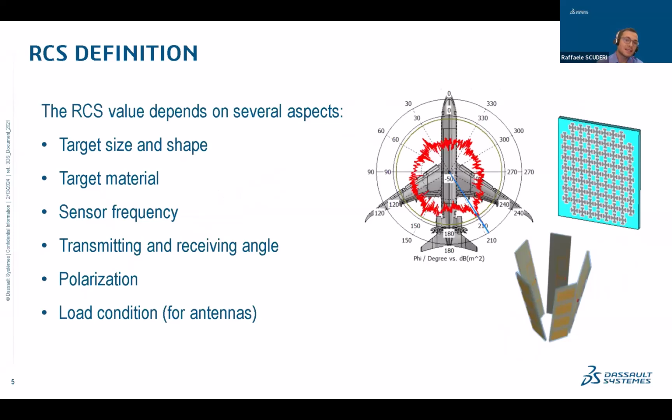And as I said, even if RCS appears in the radar equation like a little letter sigma, it depends on several aspects, like target size and shape, material, frequency of your radio frequency sensor, transmitting and receiving angle, the polarization of your device, and also the load conditions for antennas.